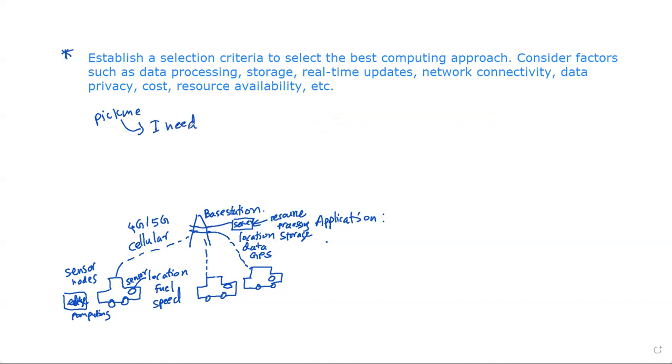So the owners are saying, I need high data processing done at the network such that the update can be given very fast with low latency, right? So I need very fast updates regarding the network. So I will say I need real-time updates from the network.